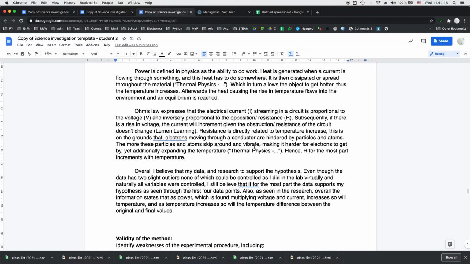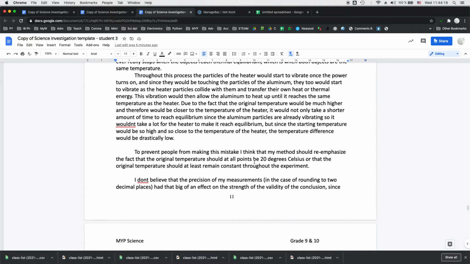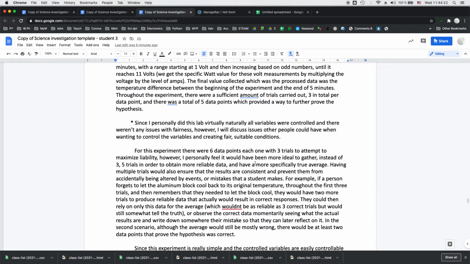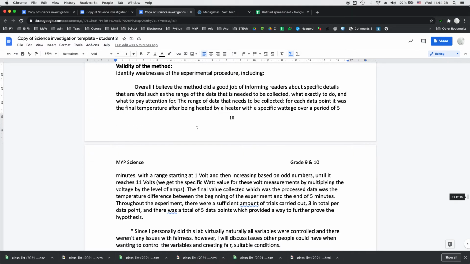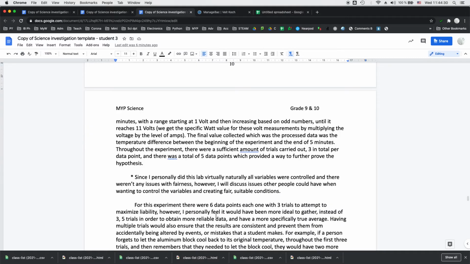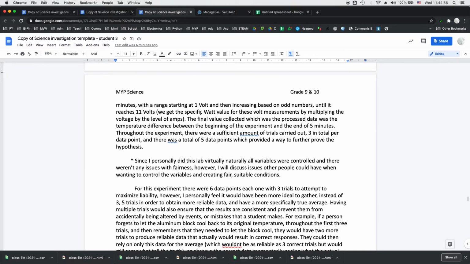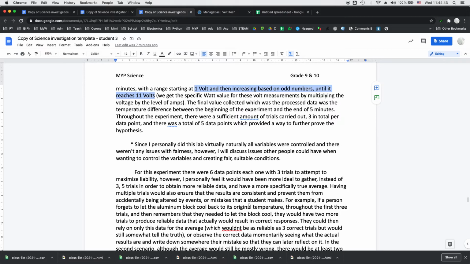Let's have a look at the last one, validity of the method. Okay, this is more than I want to actually read out to you or for you to read through in detail now. Very thoroughly done, clearly. Let's have a look. There are some weaknesses identified, or just in general, the change of the voltage, for example, which meant change of the power.